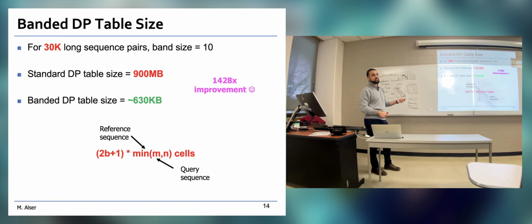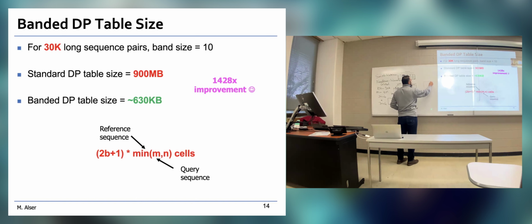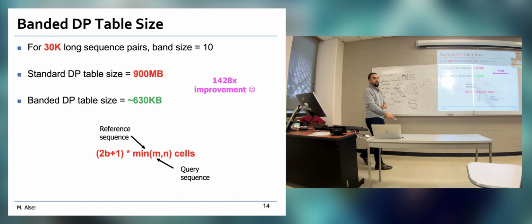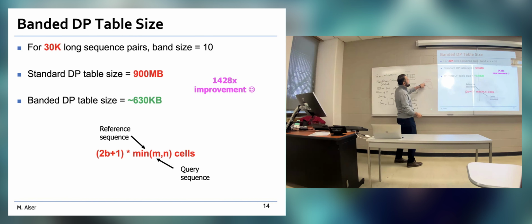Now, again, the boundaries of the table are 30K and 30K, right? However, we're not going to calculate everything. We will calculate only this shape. And we will see an example of how we are going to calculate that. The size, we said, is 10. This is the main diagonal. So this is 10, and this is 10.